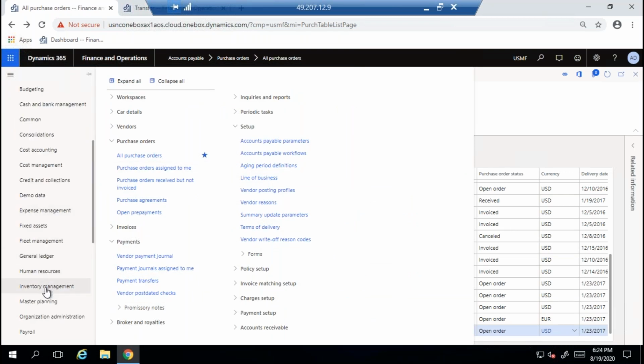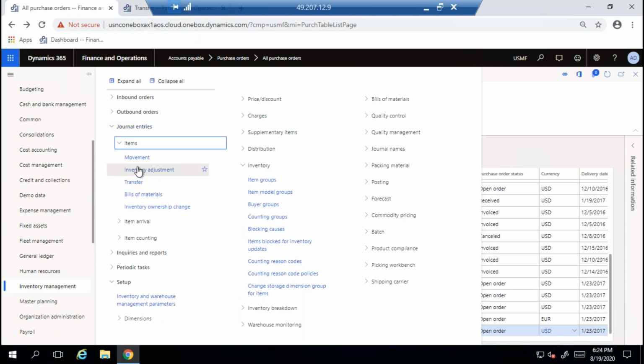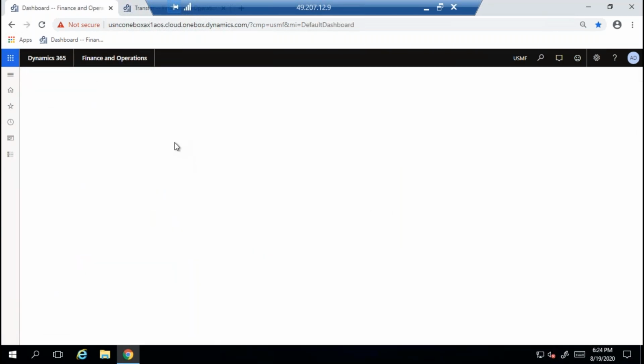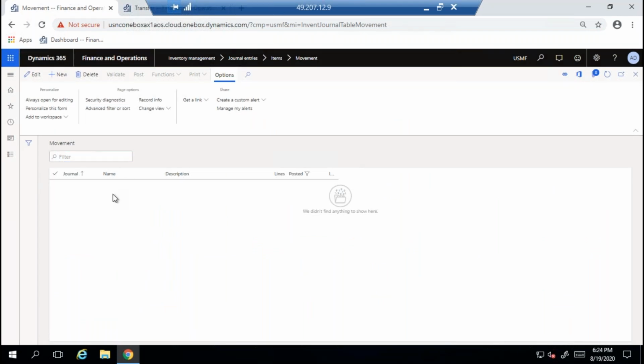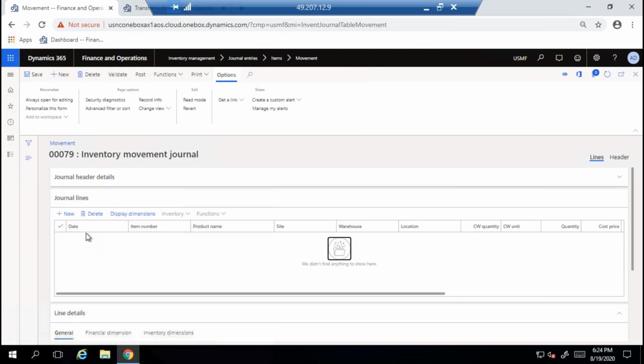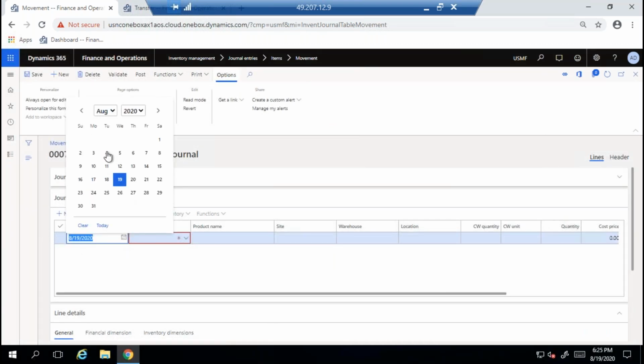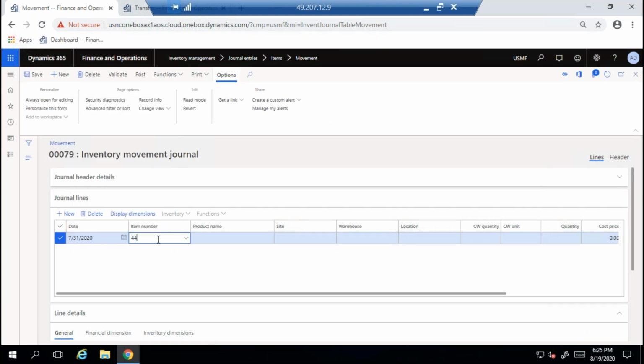Inventory management, journals, items, inventory adjustment journal, movement journal. As an opening stock I'm entering new. Suppose, as I told you, 31st July, I'm entering 4401, site 1, warehouse 11.